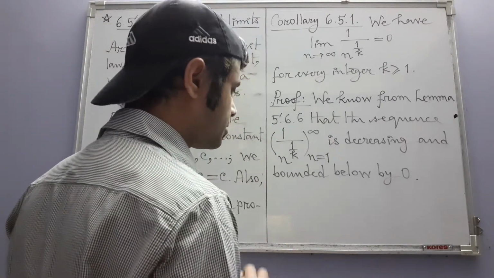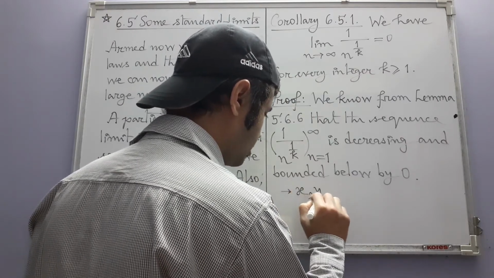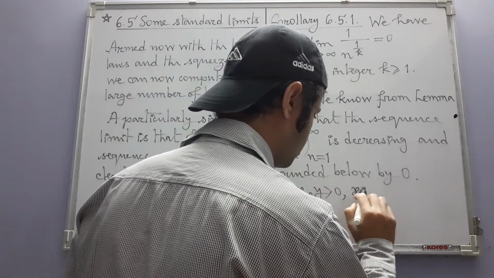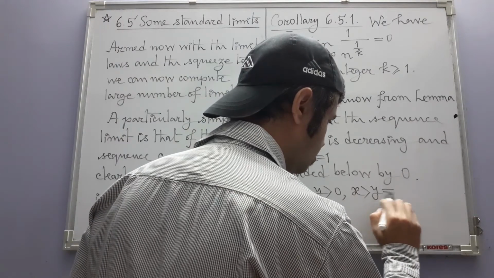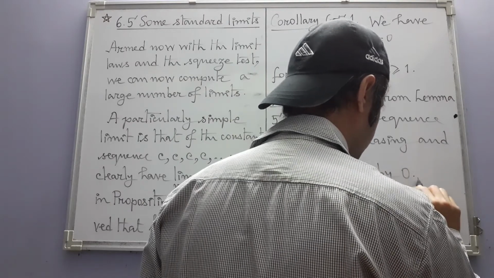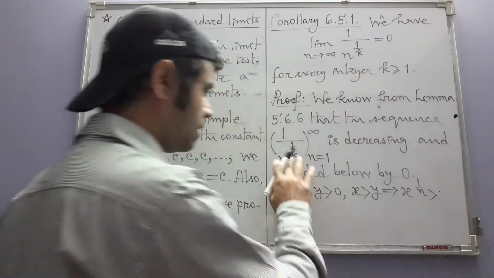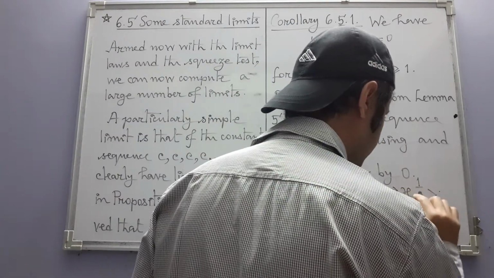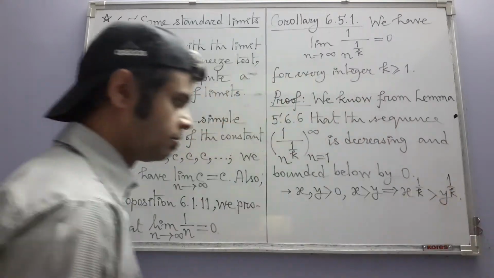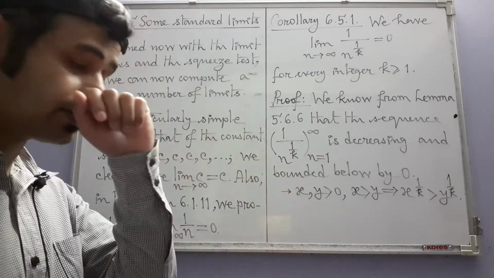One of those parts says this: if x and y are both positive real numbers, then x greater than y implies the nth root of x is greater than the nth root of y, but because we are dealing with kth root, let us just take k here. This is one of the parts, and this can be used to show that this is decreasing.